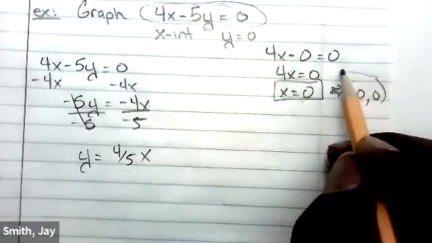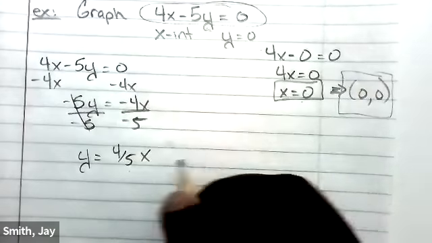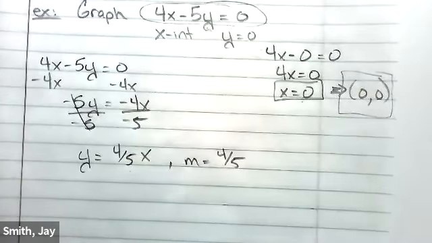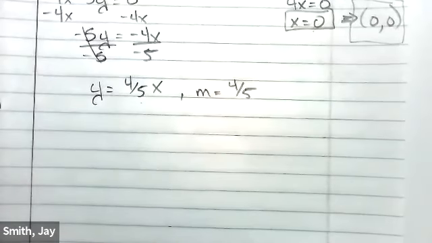So we know it goes to the point 0, 0, or it goes to the origin. We also know that we have a slope of 4/5. So we can graph this. My apologies, but now we have our slope.